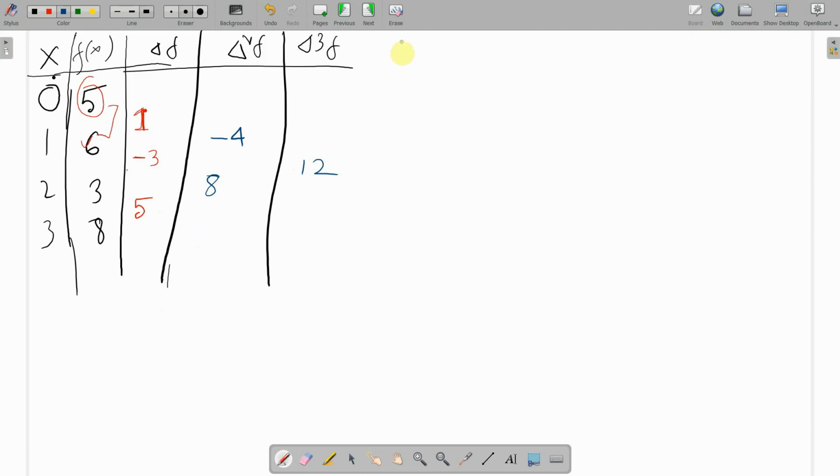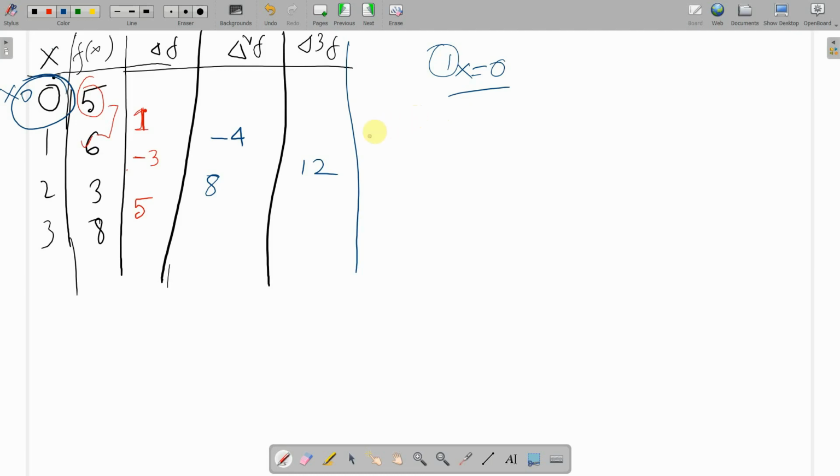Now what is our first problem? It told you to find df dx at x equals 0. Now here x equals 0 is given, and I'll be considering this as x0. Remember the formula 3.